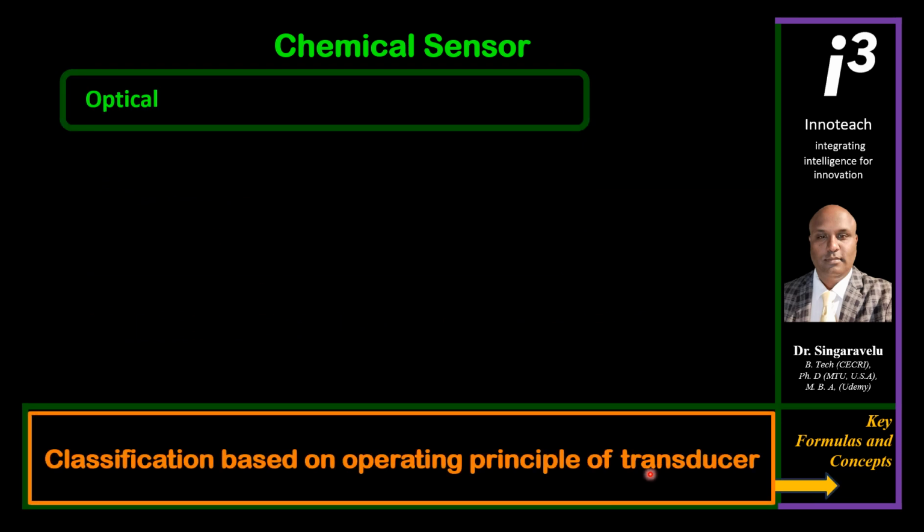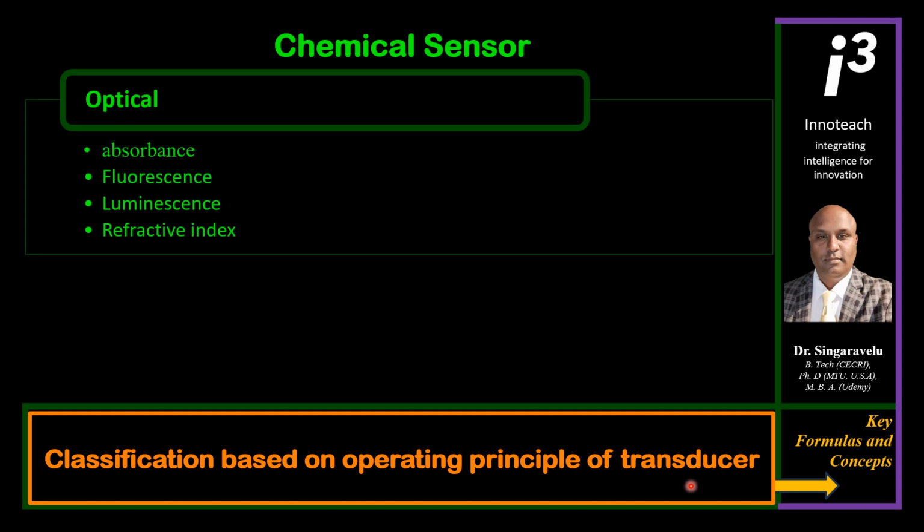Chemical sensors can also be classified based on the operating principle of a transducer. If the transducer signaling is based on an optical signal, it could be due to several phenomena such as absorbance, fluorescence, luminescence, or refractive index.